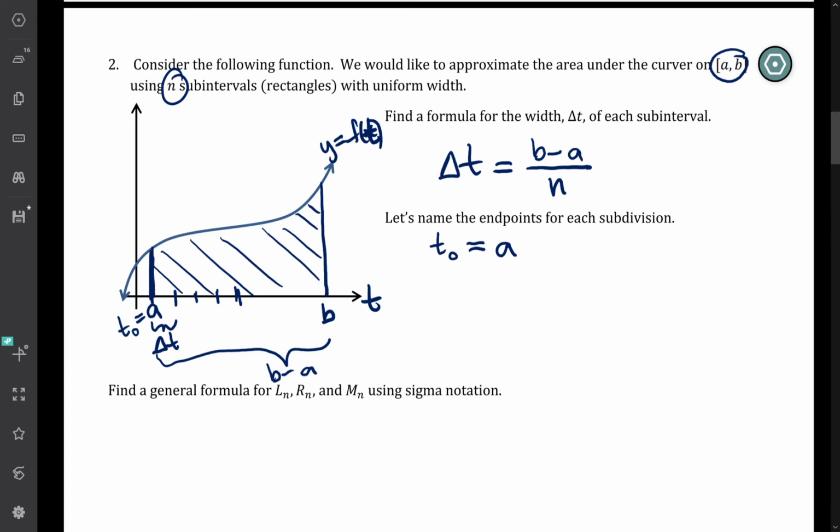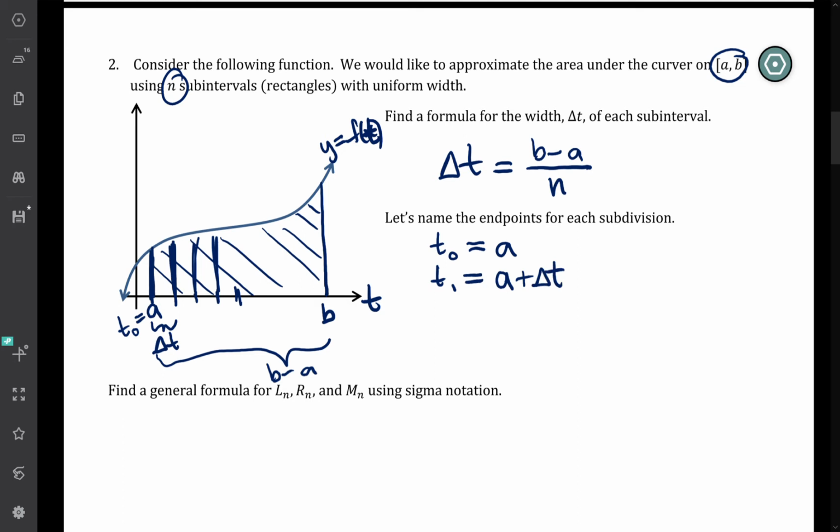If we wanted to find t sub 1, you could call it either the right-hand side of the first rectangle or the left-hand side of the second one, whatever you want to say there. It doesn't have a nice value that we've already determined, but we know that if the width of the rectangle is delta t, then we are delta t units to the right of a. And notice delta t should be positive.